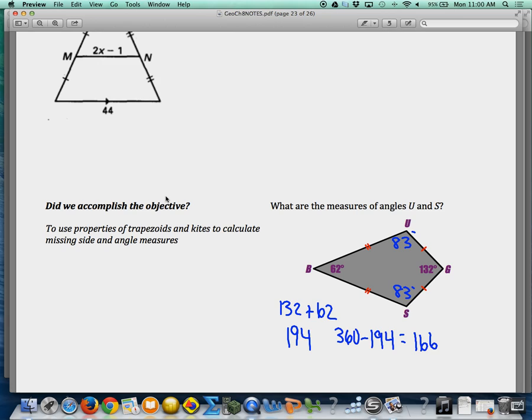Okay. How do we feel about these properties? Okay. Can we look at the first example on your homework? Just so that I know that you know how to do this.